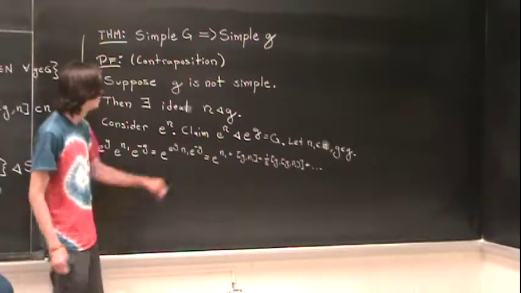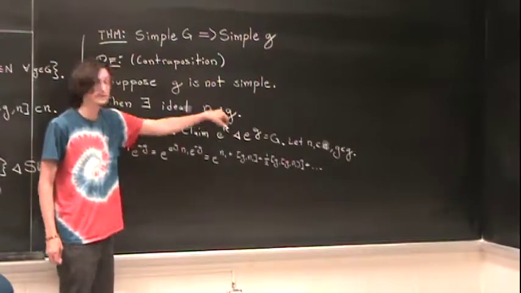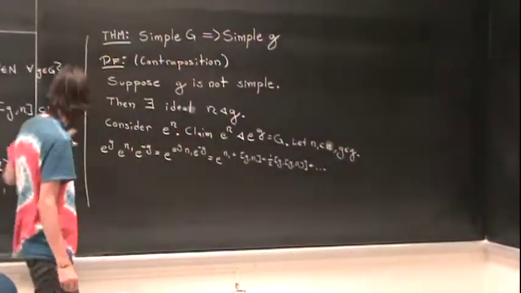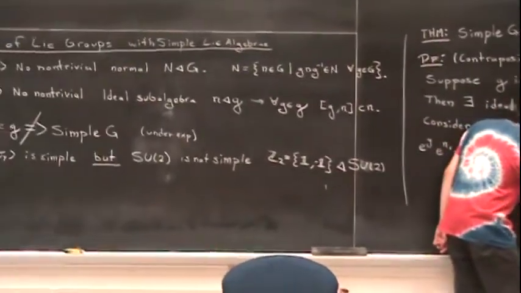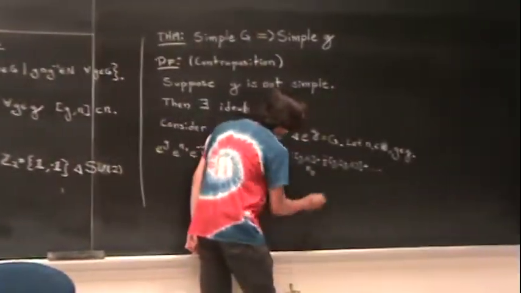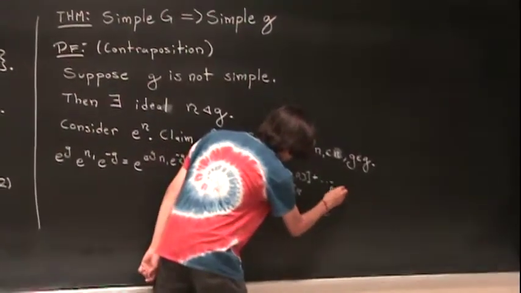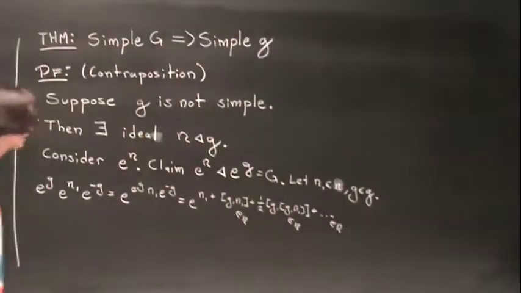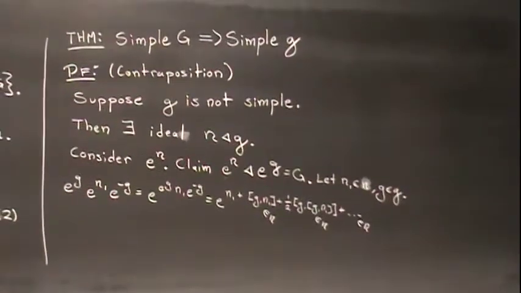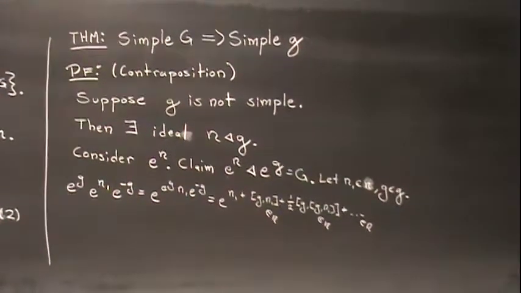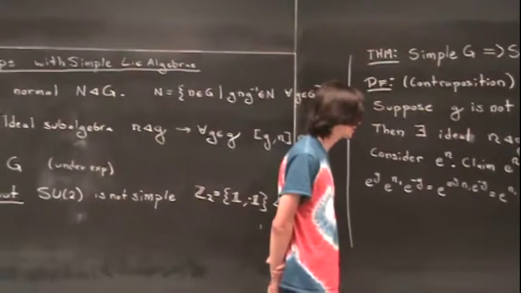But recall, little n was an ideal of g. And by the definition that we have of ideal, this term is contained in little n, and this one is contained in little n, and so on and so forth. All other terms will be contained in little n, because of this property of invariance under taking commutators of the ideal subalgebra.